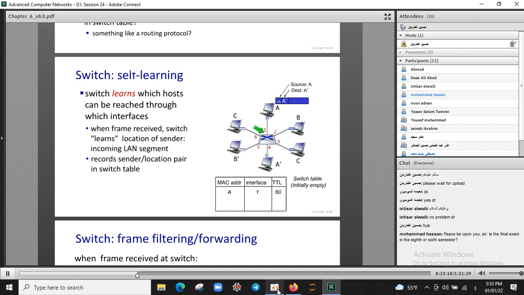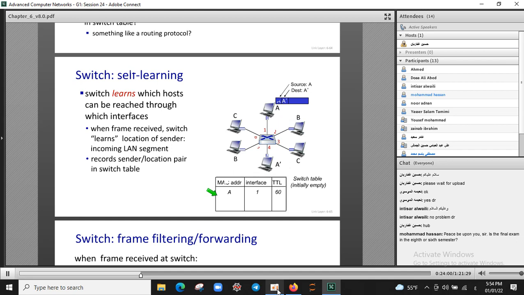When A sends a frame toward the switch, this frame is received by the switch, for example, over interface or port number 1. When the switch receives this frame, it checks the switch table. If it has a record for this address, it can ignore it.